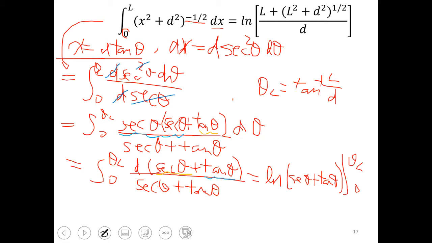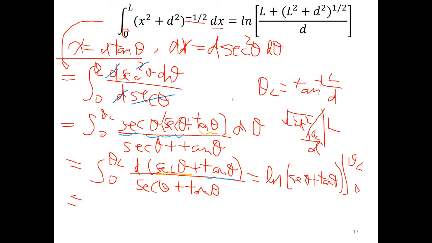So finally, we can have something like this. For theta L, we have L, this is d, and this is theta L, so the hypotenuse is the square root of L squared plus d squared. So secant theta will be this side over d, and tangent theta is nothing but L over d.